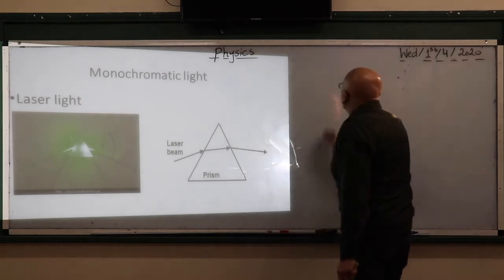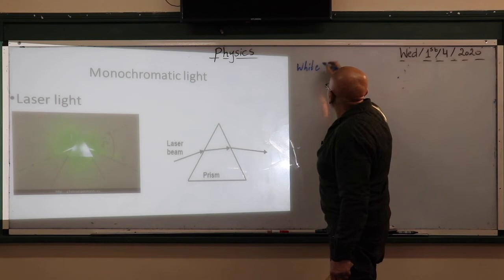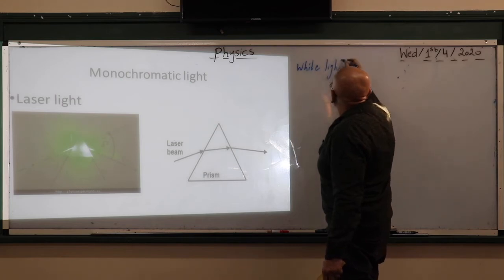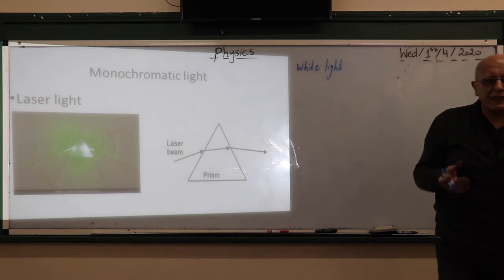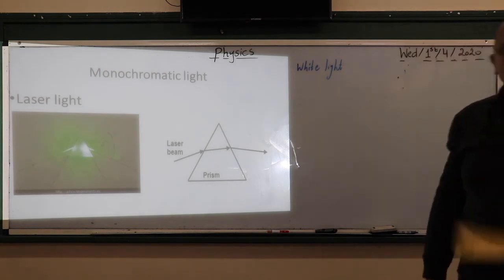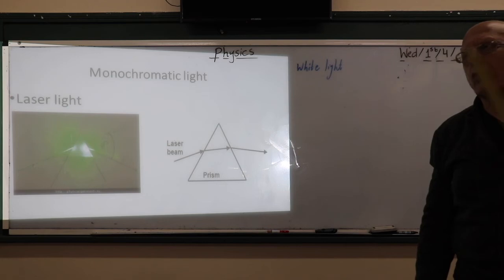So, white light. The sun gives white light. Also, the incandescent lamp in your homes emits white light.